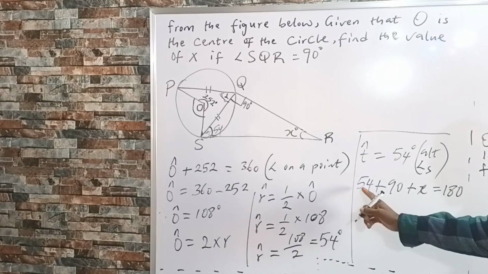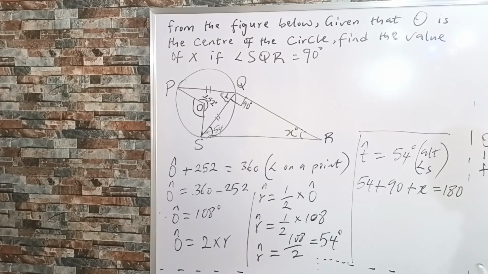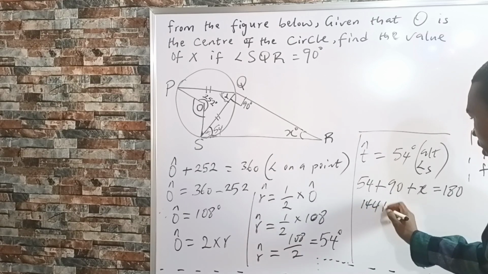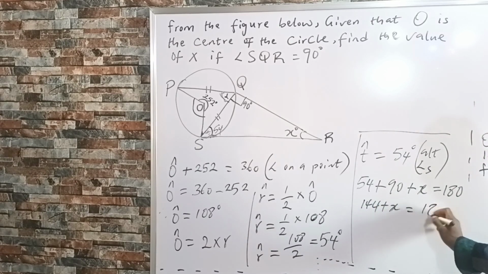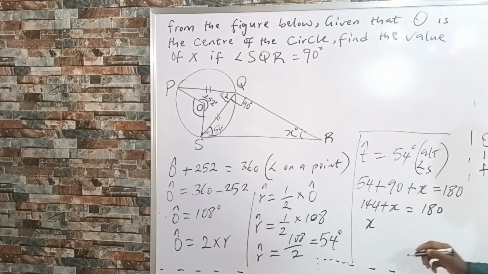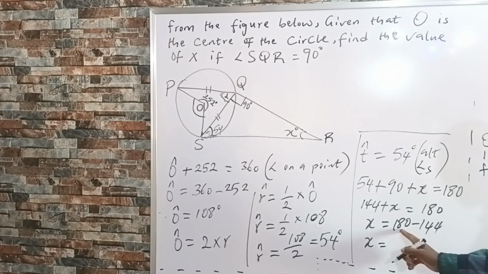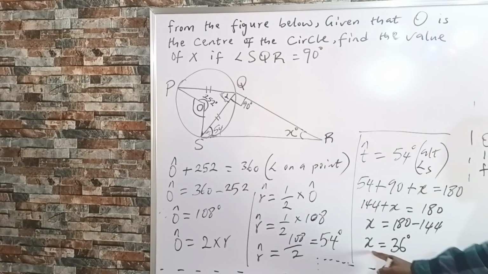Such that if I add up 54 to 90, I should have 144. That means 144 plus x will give us 180. And if I make x the subject of this formula, I will have to subtract 144 from both sides of the equation. Then 180 minus 144 gives us 36 degrees. That means this angle x here is 36 degrees.